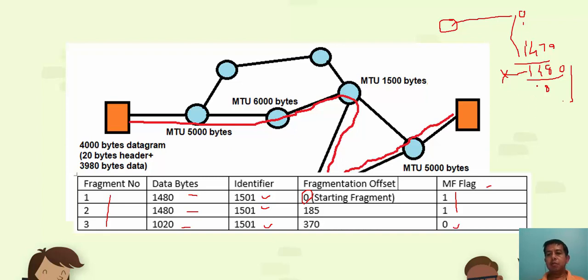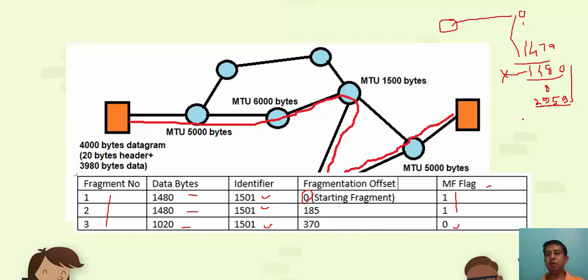So my second fragment starts at byte number 1480. And how many bytes does it contain? It contains 1480 bytes, that means another 1480 bytes. So it goes up to 2959. From 1480 it will go up to byte number 2959.